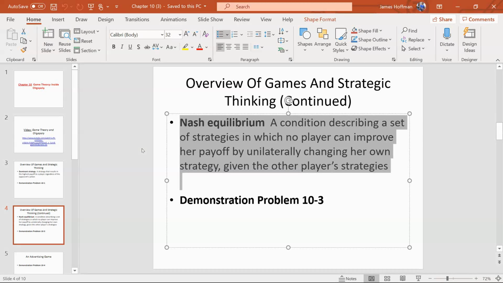Another way to think of it is just the outcome in which both players are choosing the best response. And there's usually either one Nash equilibrium in these examples or zero. So if you find the case in which both players are playing their best strategy, that's the Nash equilibrium. So let's look at the same example again for demonstration problem 10.3.